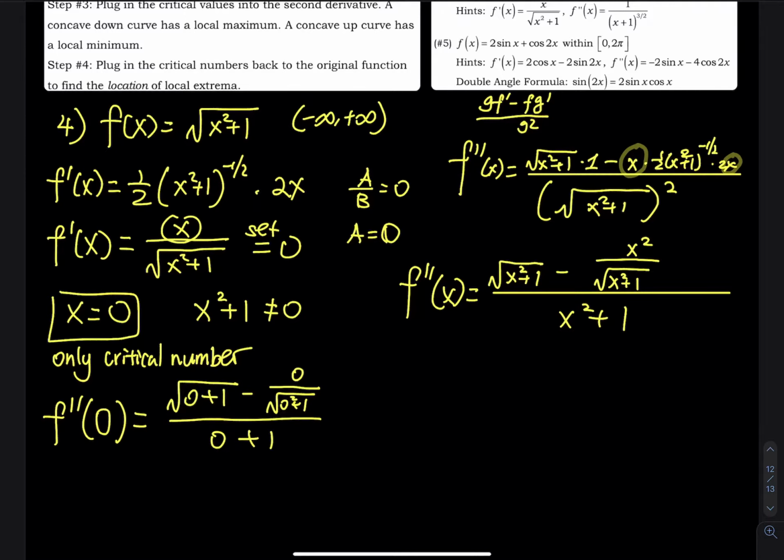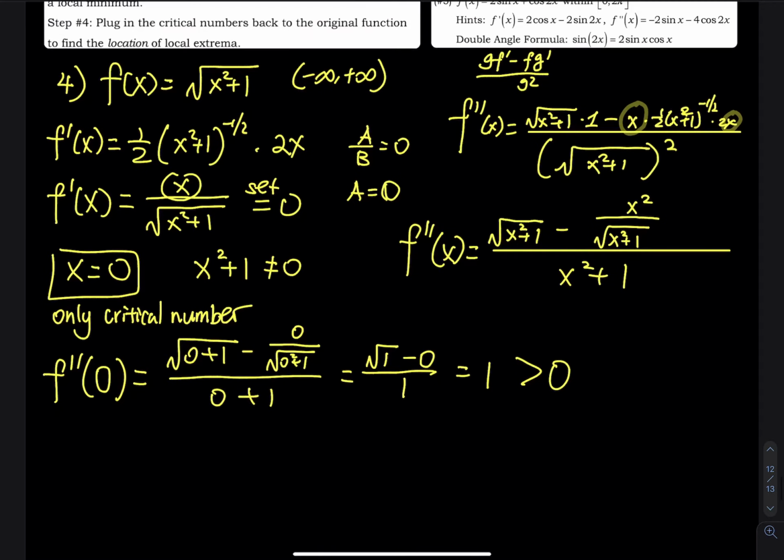So basically this is the square root of 1 minus 0, divided by 1. So we have 1 divided by 1, which equals 1. 1 is greater than 0. So now I am showing that I understand the concept of the second derivative test.